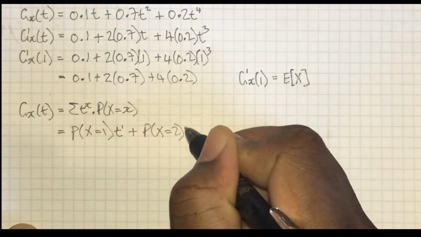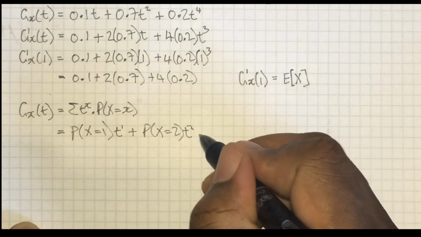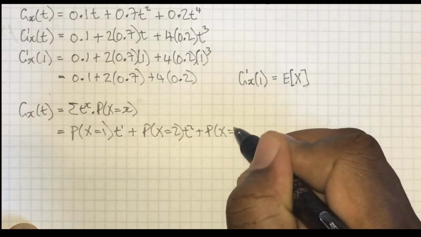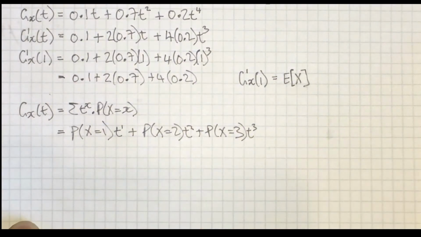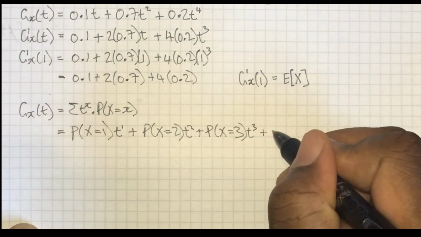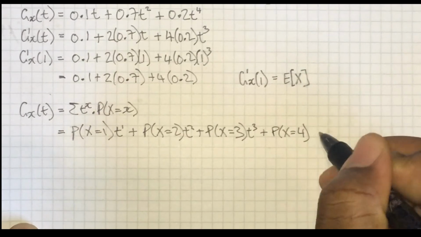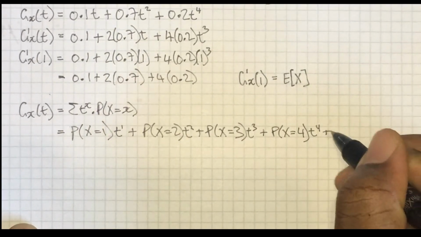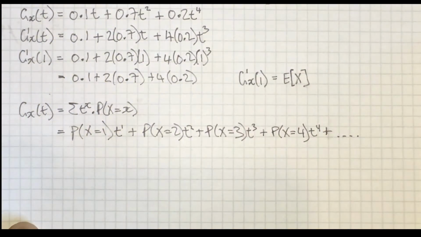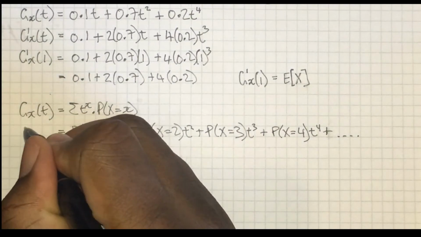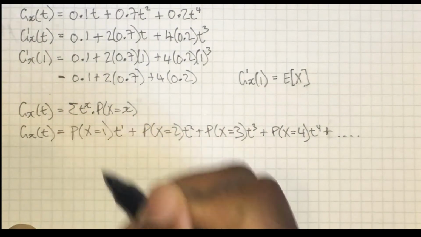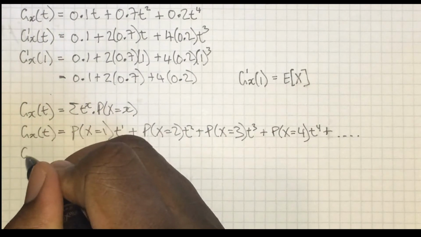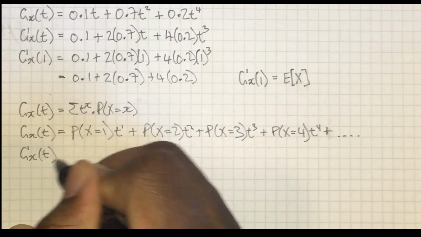So the probability that x equals 1 multiplied by t to the power of 1. Probability that x equals 2 multiplied by t to the power of 2. X equals 3 multiplied by t to the power of 3, and so on and so forth. So this is my expression for the standard probability generating function. So it's not differentiated just yet. What would I get for the first derivative?